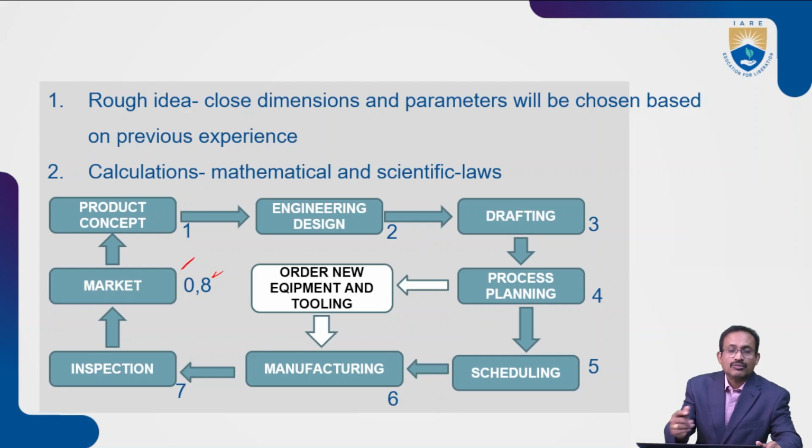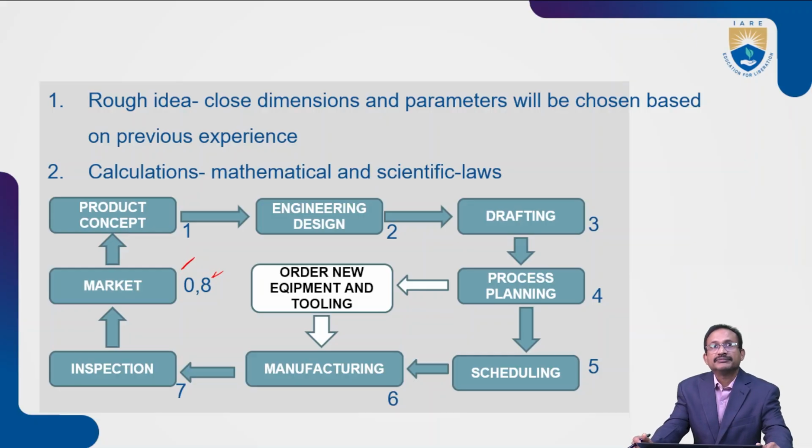What happens at this stage? Rough idea, that means close dimensions and parameters will be chosen based on previous experience. So in step one, it starts with a rough idea, and we consider close dimensions and parameters based on previous experience.